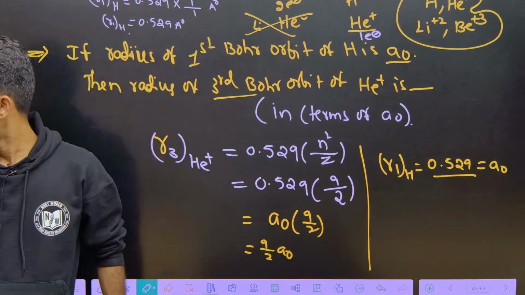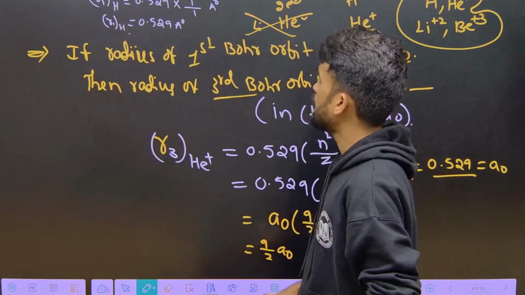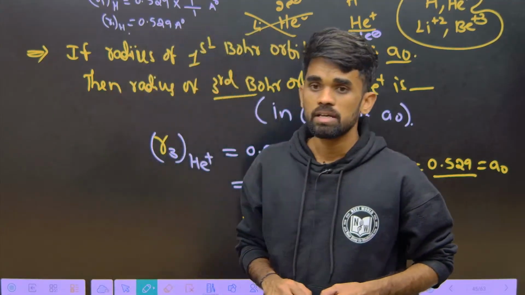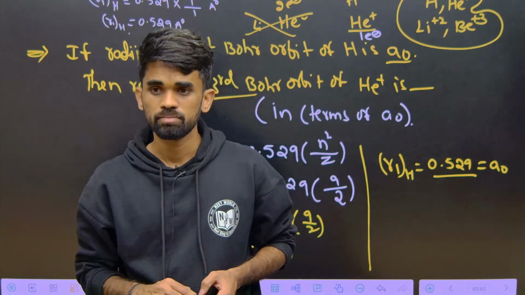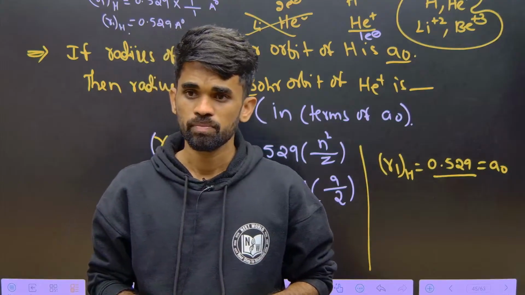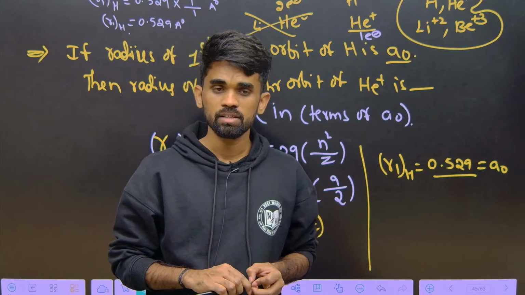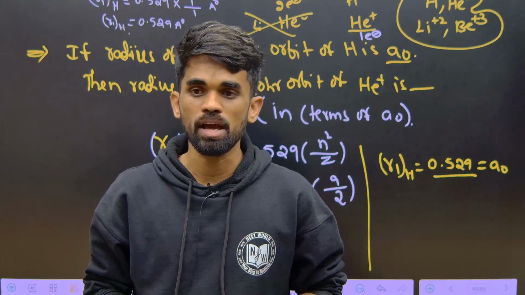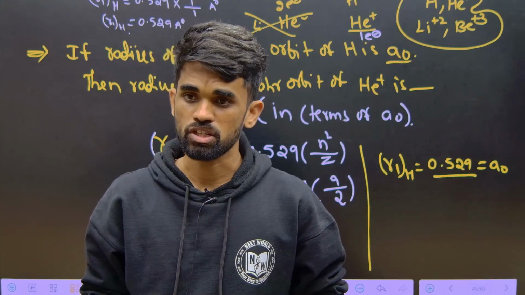Is that clear? Take one question as homework, just for practice. Write the question: the radius of the second Bohr orbit of helium ion, helium plus, is x. Then the radius of the second Bohr orbit of lithium plus 2 ion is dash.